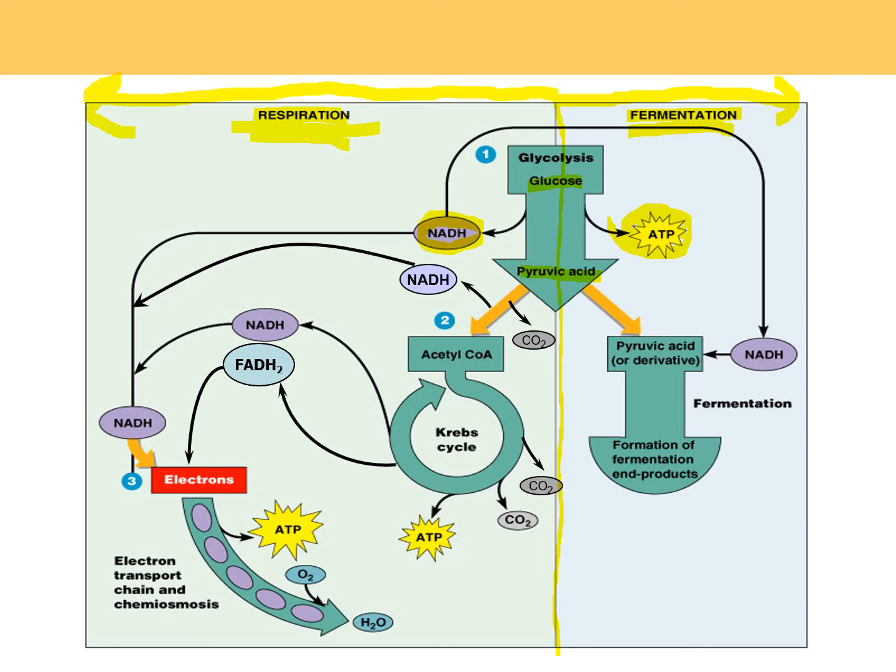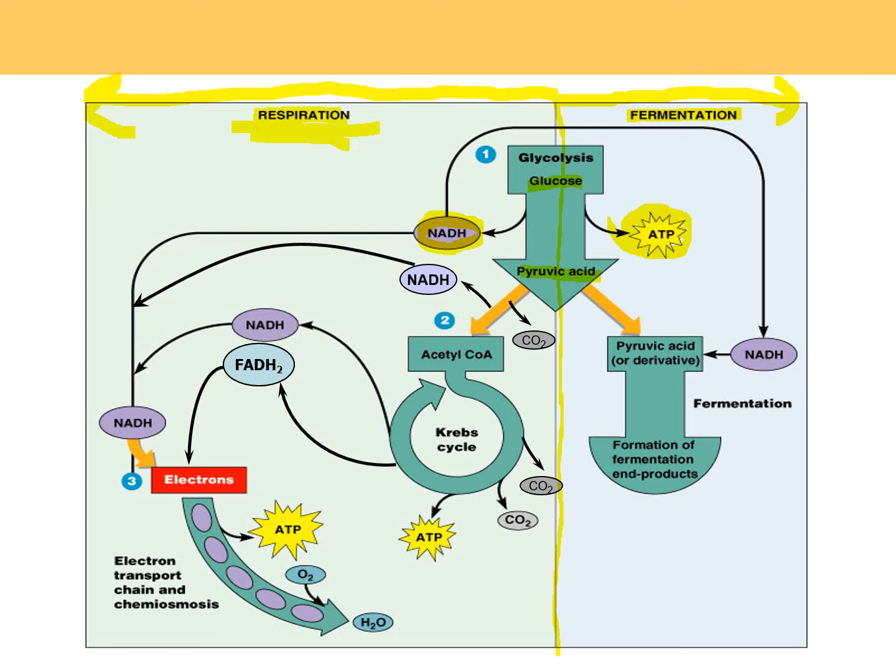And so it's happening also for fermentation and respiration, but it gets used up in fermentation. It gets used up, and that arrow shows it being used here for fermentation of the pyruvic acid. So there's no net production of NADH during fermentation. There is NADH and ATP produced in respiration, and there is ATP produced in fermentation.